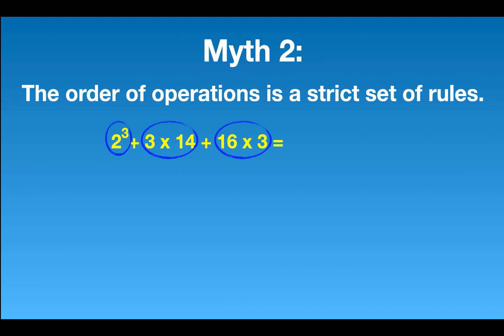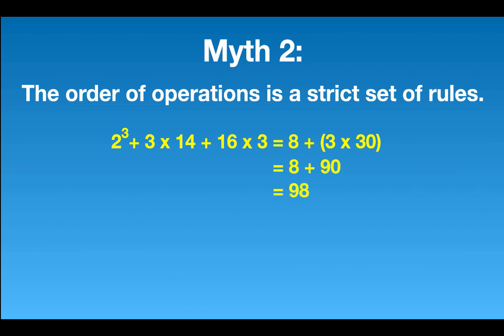I don't have to do 2 to the third power first, just because the order of operations says to do exponents before any other multiplication. Also, if you realize that both the 14 and the 16 are being multiplied by 3, you can multiply 3 times 30 instead. 30 is the same as 14 plus 16, and they're both being multiplied by 3, so why not do that? This makes the problem 8 plus 90, which equals 98. Maybe a little bit more efficient way to think about this problem.